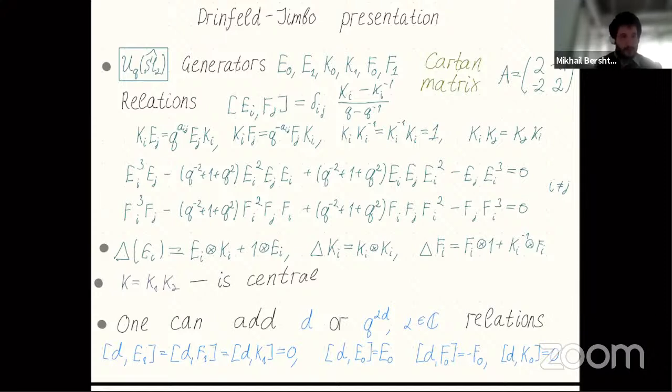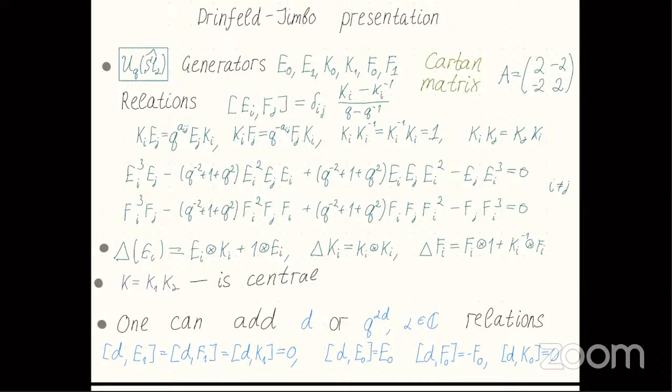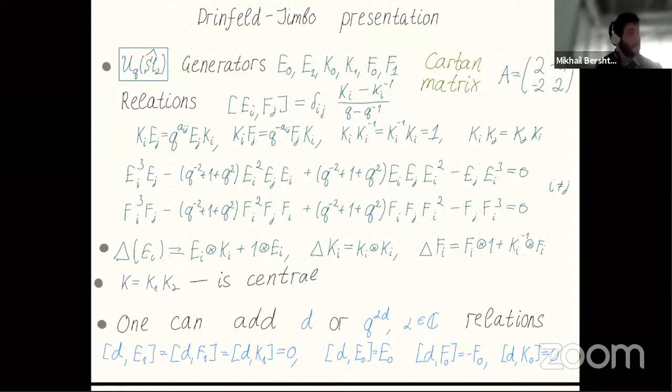Maybe it's a matter of which word we use. When I say simply laced, I mean that in the diagram we have two nodes which are connected not by one arrow, but by two arrows. But it is good in the sense that the lengths of all real roots are equal, so we don't have to work with two different q's.